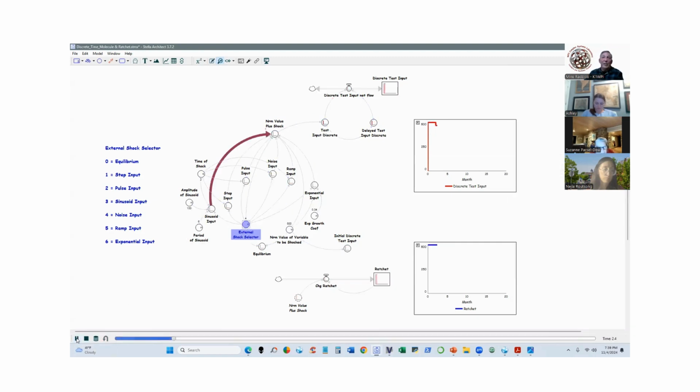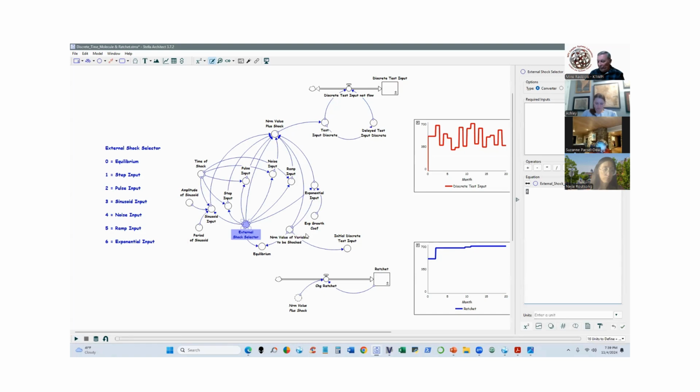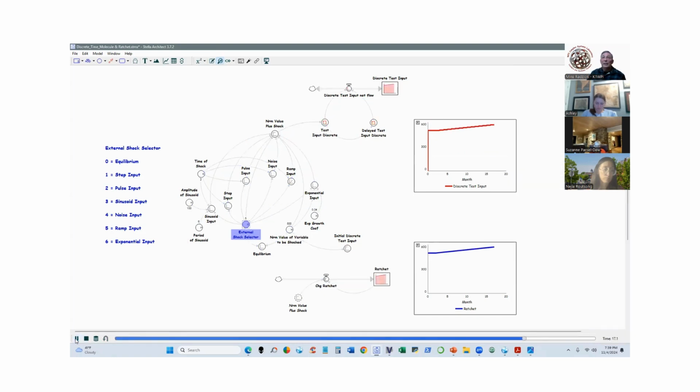Four is noise. Again, you can see it, we can run it. I think there's no seed. It's different every time. Anyway, five is linear growth. You can kind of see it here, stair stepping.